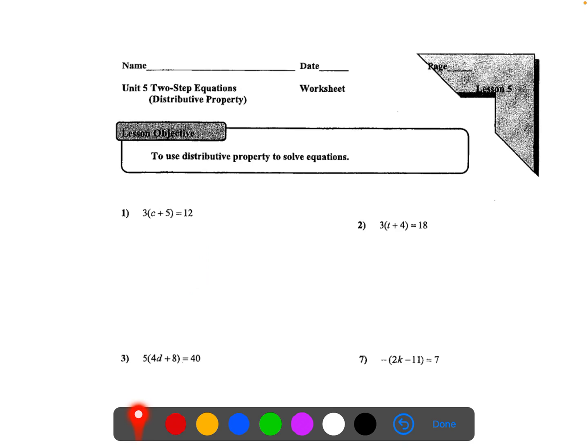And just to remind you how to do that, remember we're talking about 3 of these groups of C plus 5. So we have 3 C's and 3 5's. That's all we're doing, we're rewriting it as 3 C's and 3 5's, which we would just write as 15 equals 12. Okay, then we would do our 2 steps.